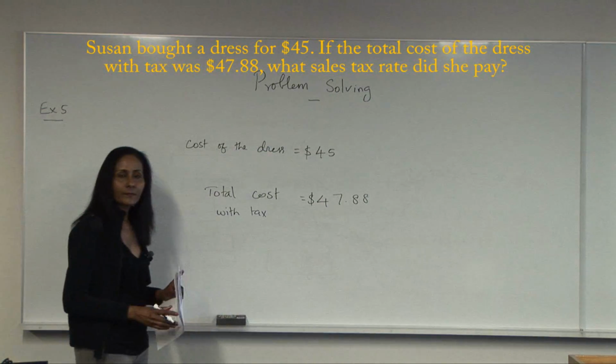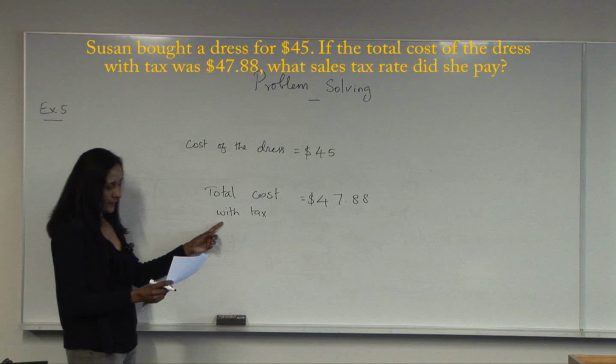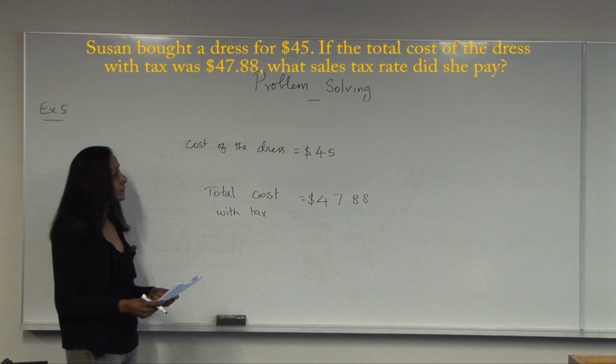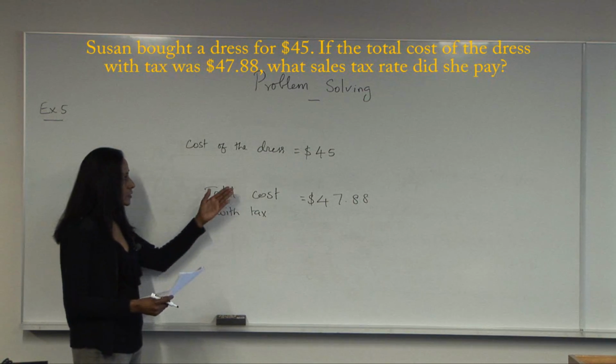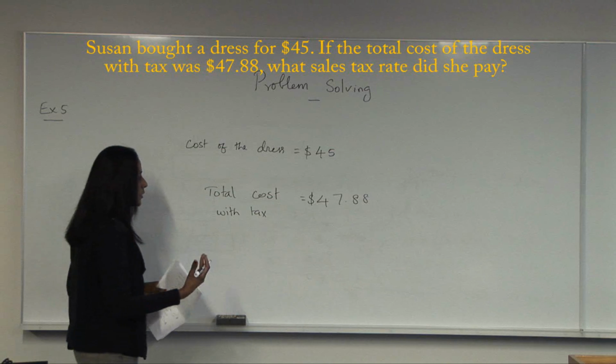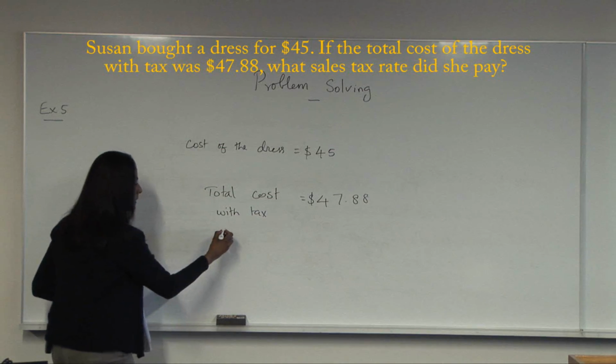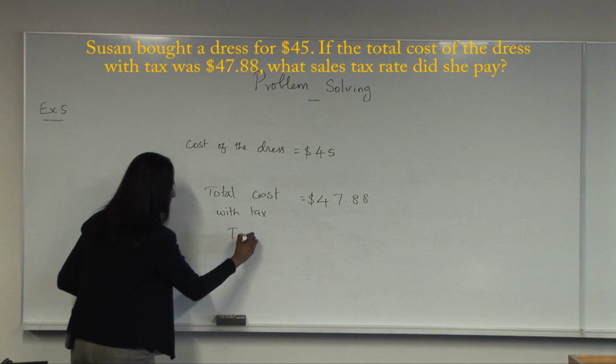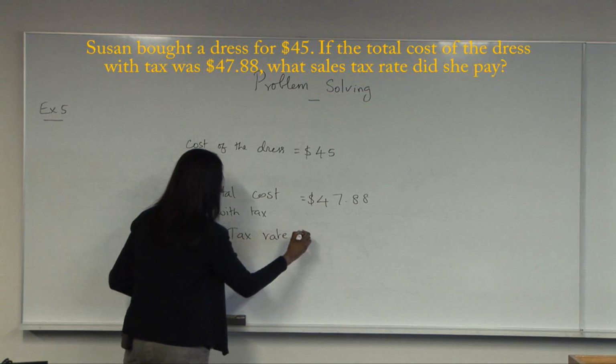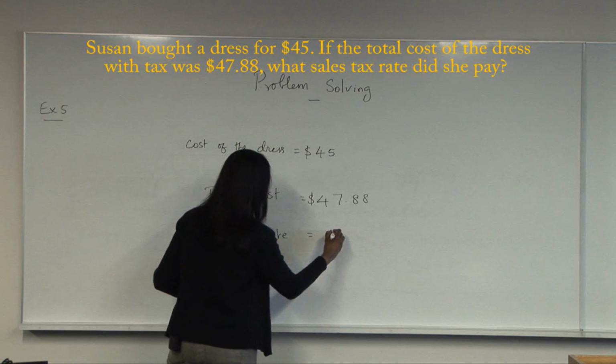This is given. And you are asked to find out what the tax rate is. So we don't know what the rate is, so let's keep that as X%. The rate of the tax is X%.